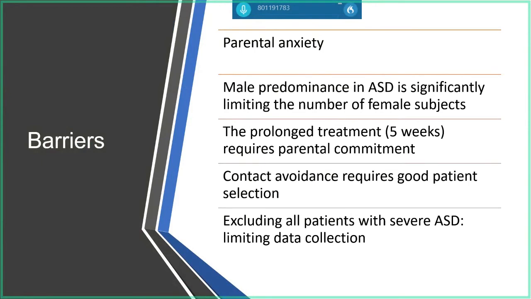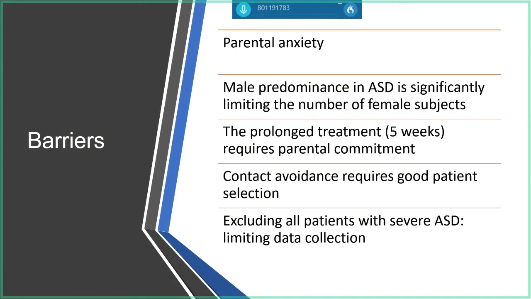The major barriers that we see are obviously parental anxiety, and also the fact that they have to commit to 5 weeks of treatment. That's a little bit tough for any family. Contact avoidance is a major problem in patients with autism. So it's hard to negotiate with them sometimes, and you have to pick the good candidates, essentially.